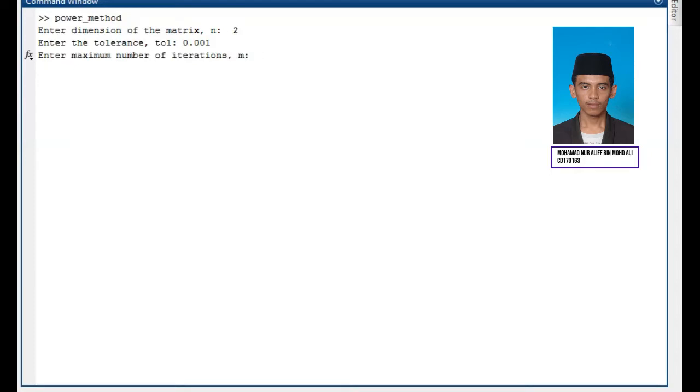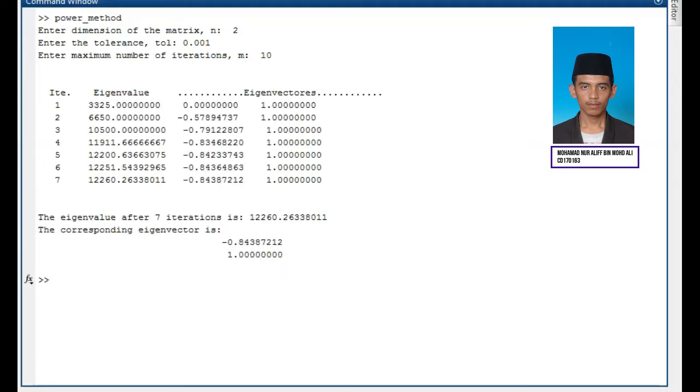Then the program will ask us to insert the iteration. We insert 10 for the iteration. This number of iterations is only the limit of the iteration and not the exact iteration needed to get the eigenvalue or eigenvector values. We now get the eigenvalue and the eigenvector.